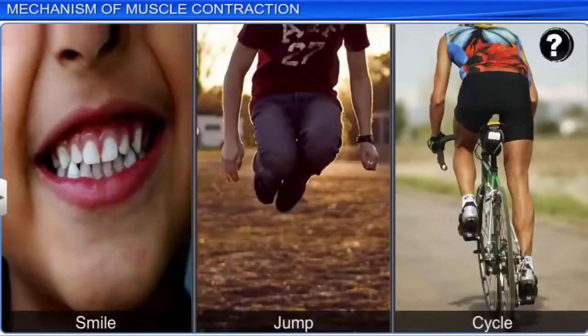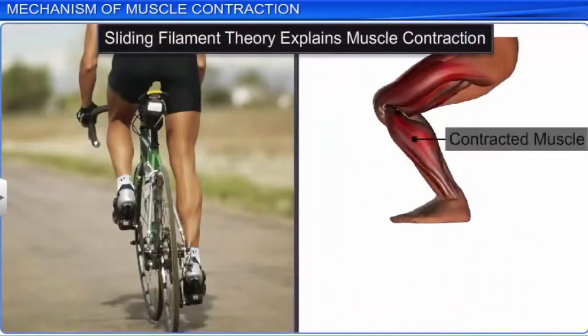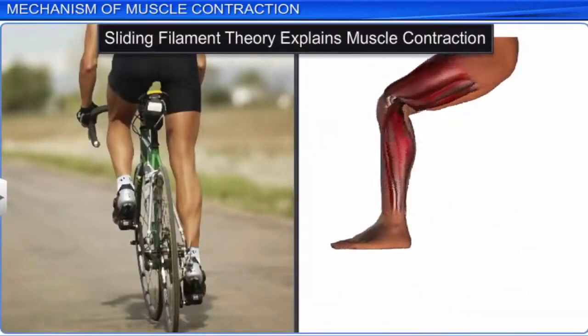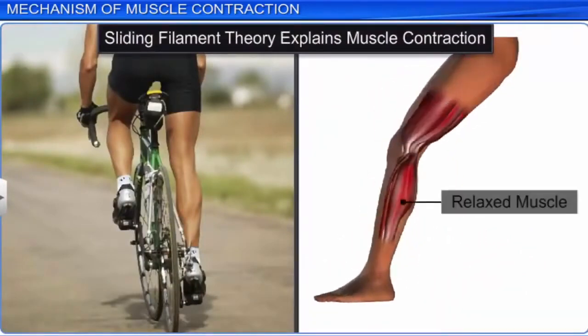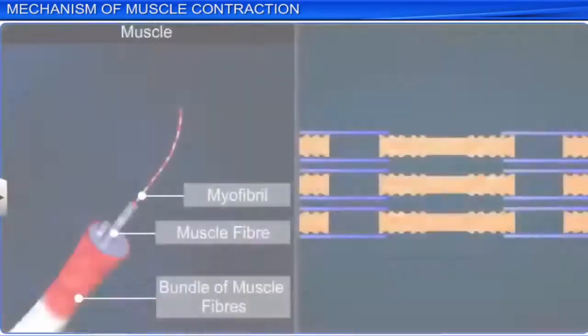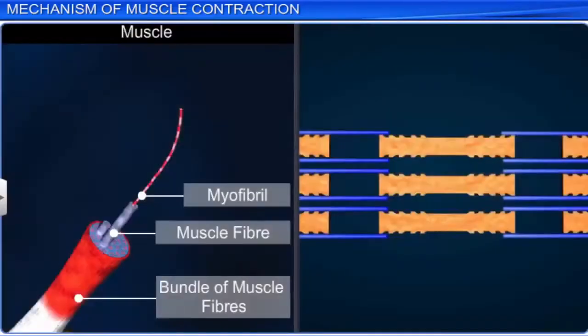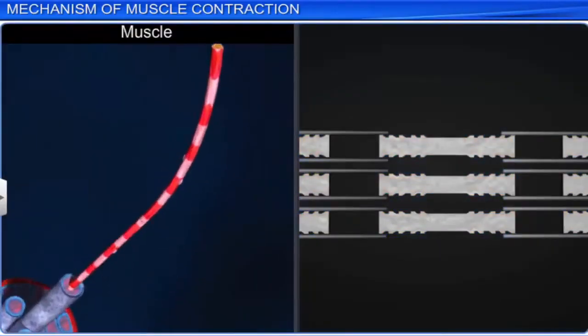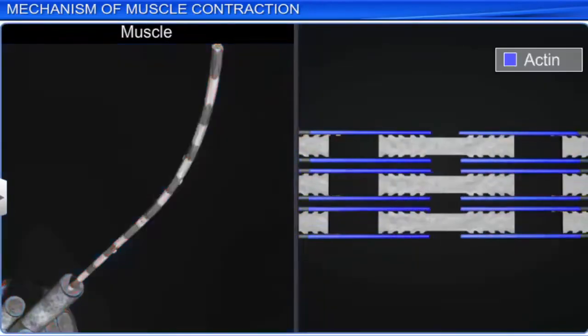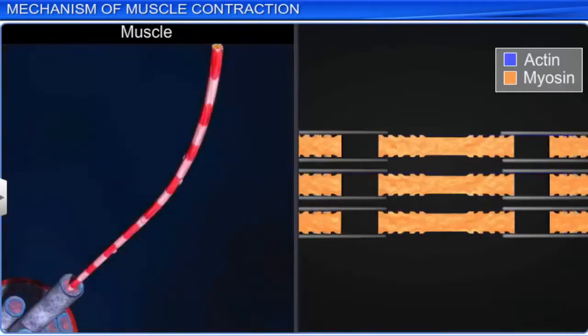How do you think our muscles contract when we smile, jump, or cycle? The mechanism of muscle contraction is well understood by the sliding filament theory. According to this model, muscle fibers contract when thin or actin filaments slide over the thick or myosin filaments.